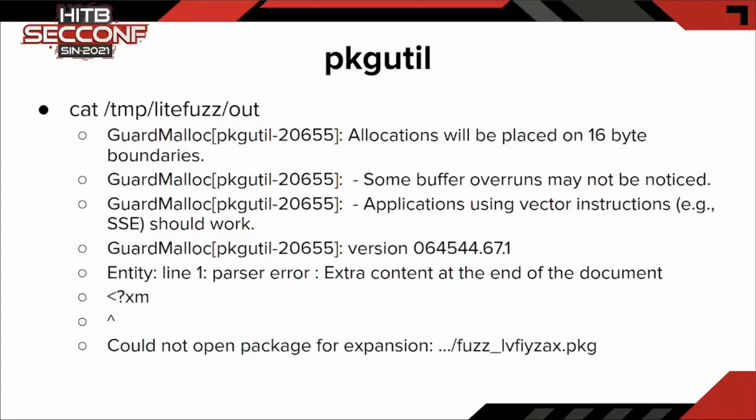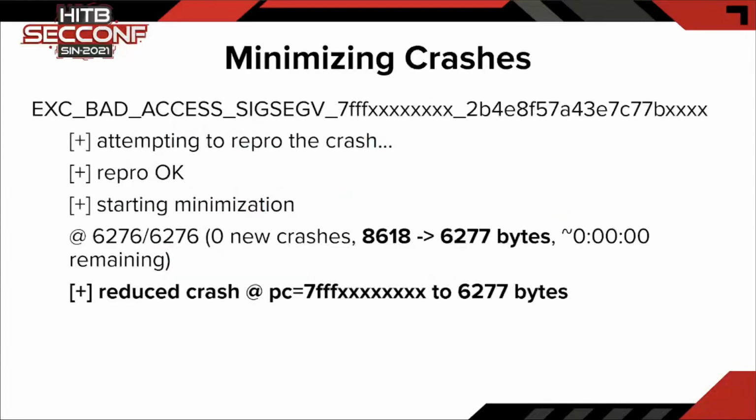Minimizing crashes is another interesting feature. So it's super simple the way it works. When you want to minimize a crash, it just removes one byte at a time and runs the target with the new repro. If the target crashes with the new minimized test case, then continue removing the bytes.